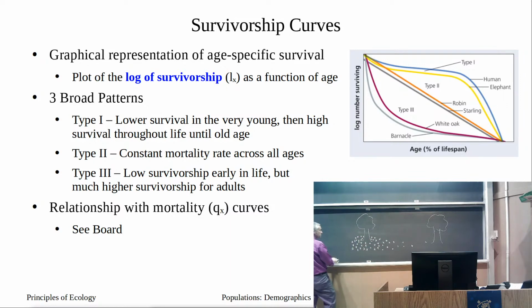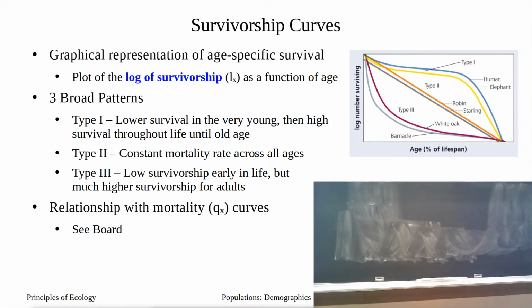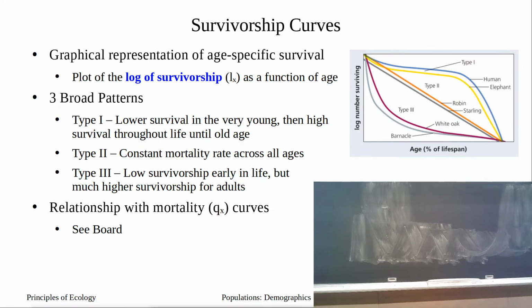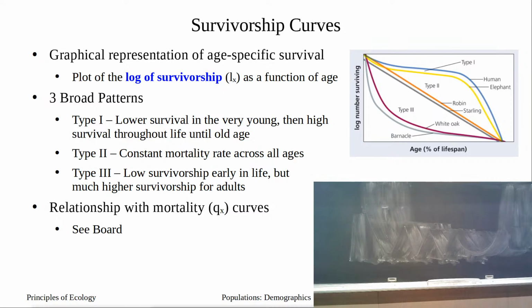And if you were hearing me, with our survivorship curves, I kept talking about mortality rates because the two are basically linked. If you survive, then you didn't die. If you died, then you didn't survive. So our survivorship curves have three types, and we can look at the mortality curves to get a better idea as to when most of our deaths are going to happen.